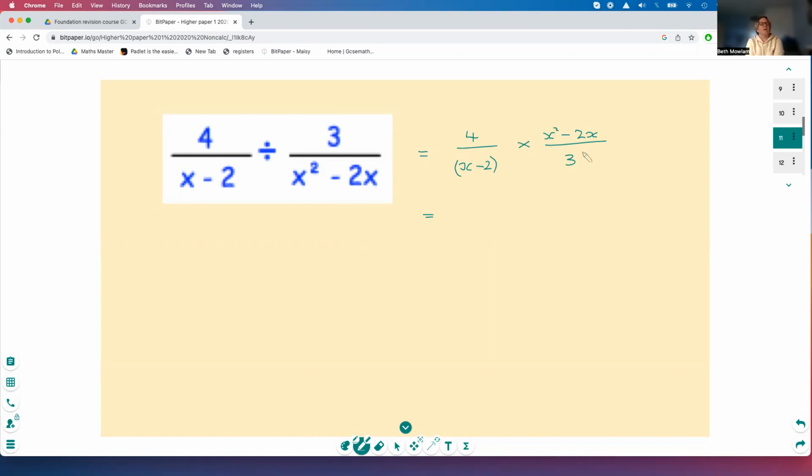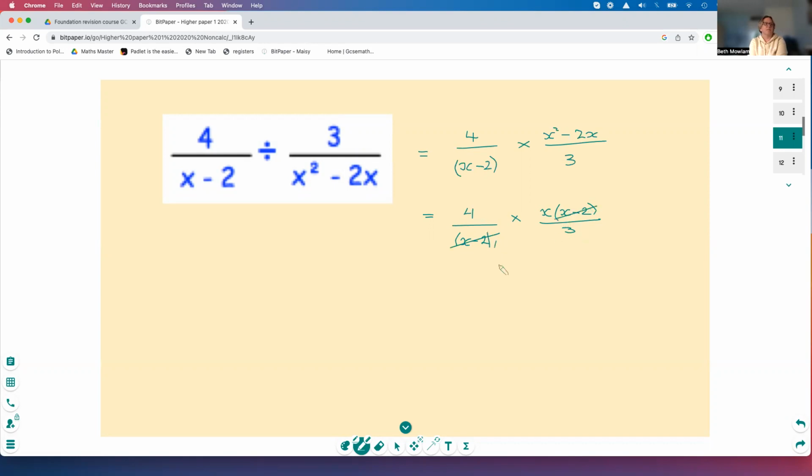Now look and see, can you factorize anything? So the first fraction, I cannot factorize. The second fraction, I can pull out a factor of x. And all of a sudden, look, I've got an x minus 2 on the top and the bottom, so I can get rid of that.